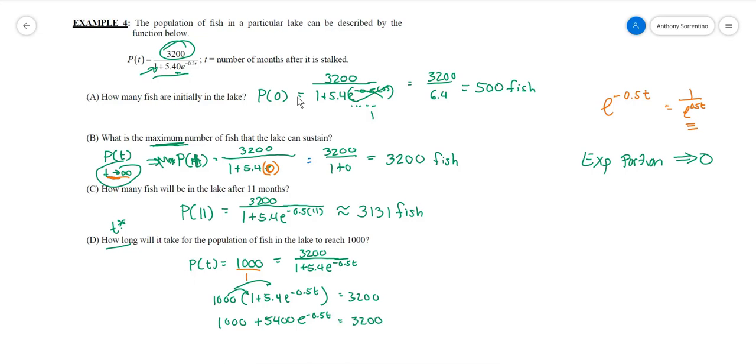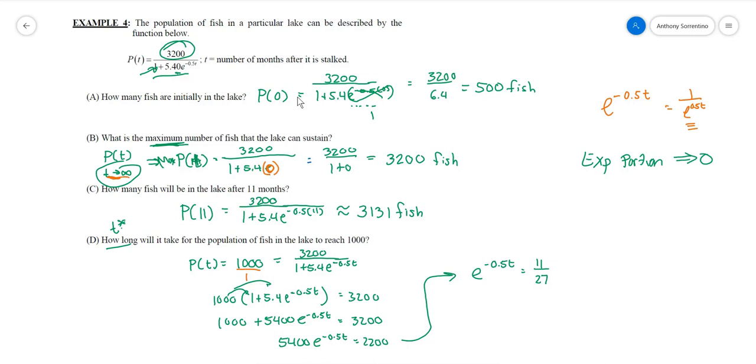I would subtract 1,000 from both sides. I would divide both sides by 5,400, and it would basically reduce to a fraction of 11 over 27 when I simplify the fraction completely.